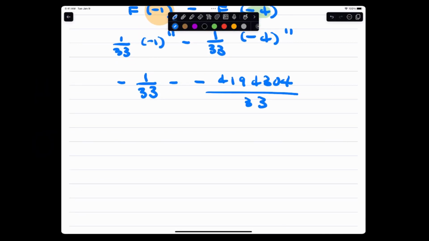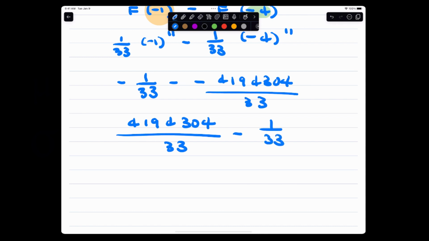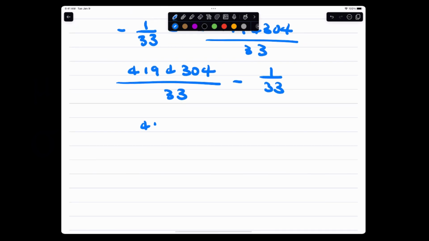So minus and minus makes that now a plus. So you get 4194304 over 33 now, minus 1 over 33. Do the arithmetic, and you get 4194303 over 33. So, ladies and gentlemen, yes.